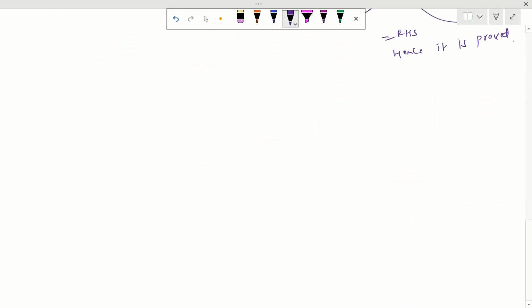Now we come to the 14th expression, that is cos 2x. Here we have to prove many more things. We have to prove cos 2x is nothing but cos square x minus sin square x. Also we need to prove cos 2x is equal to 2 cos square x minus 1.